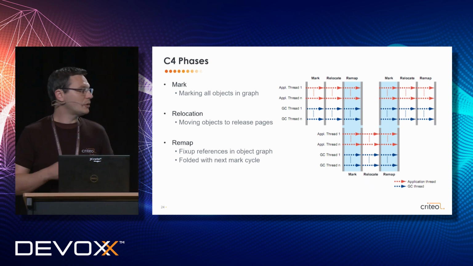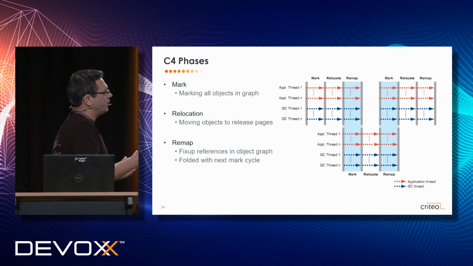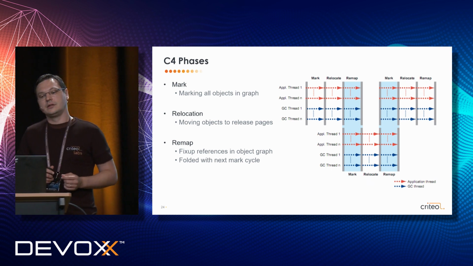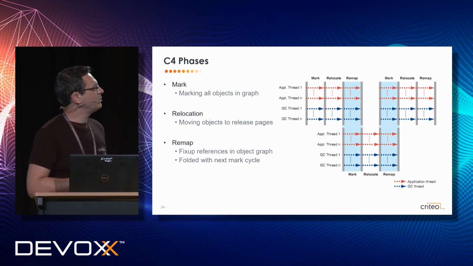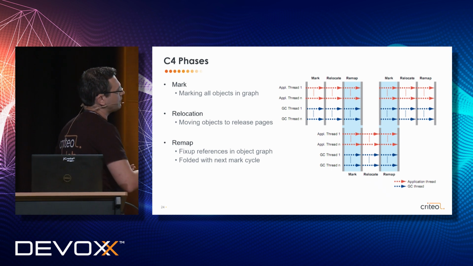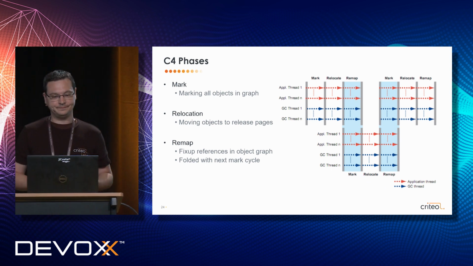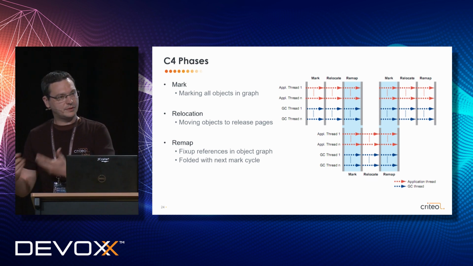So in fact, the remap phase and the mark phase for the next cycle are folded together. As you see in this schema, we have the mark phase for the first cycle, relocate, and remap. And during the remap, we also do the mark phase for the next cycle, and go on. So we can shorten the time spent in the GC.